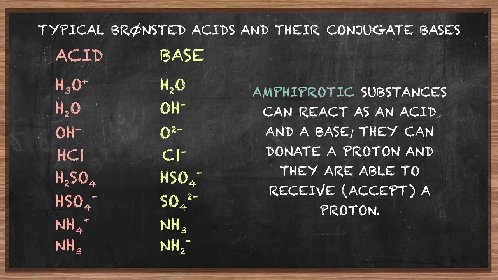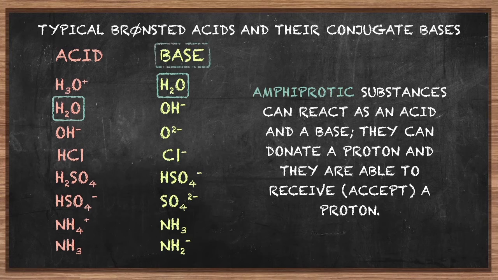Here is a list of typical Lowry-Bronsted acids and their conjugate bases. First of all, notice that these substances can be positive or negative ions or neutral molecules. Also notice that some substances can react as acids and as bases.